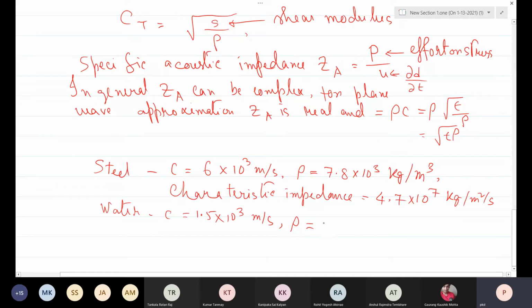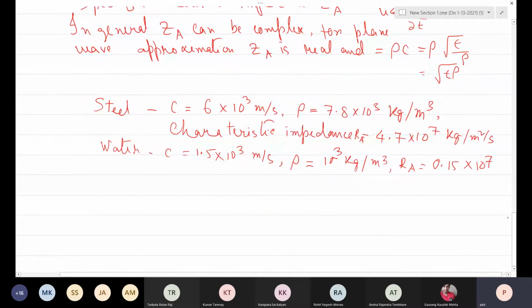Rho is, of course, 10 cube kg per meter cube, 1000 kg per meter cube, and the characteristic impedance RA is 0.15 into 10 to the power 7 kg per meter square per second.